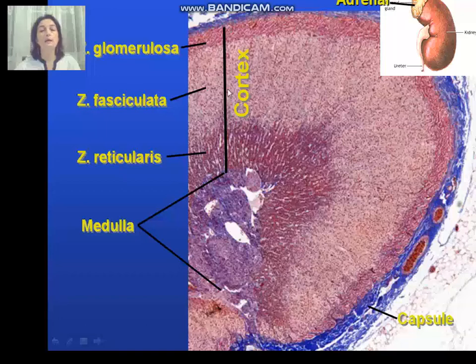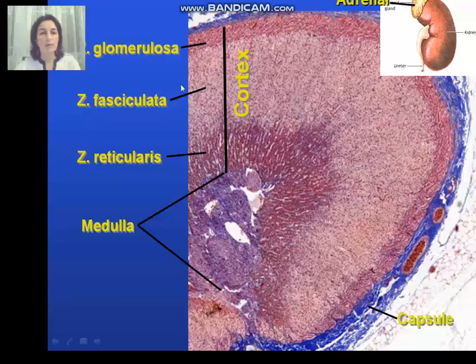The cortex of the adrenal gland develops from the coelomic epithelium, from the visceral layer of the lateral plate mesoderm. But the medulla has neural origin, it develops from the neural crest cells.